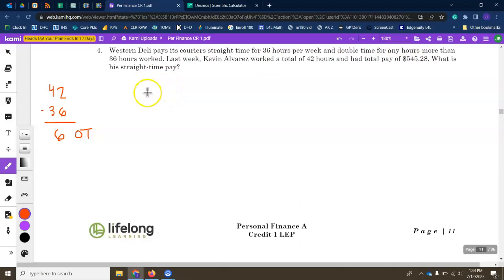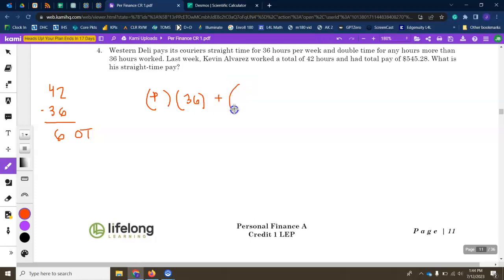So same as before, we're doing his regular pay. They don't tell us, and that's what we're looking for. We'll use P for pay, and multiply that by the 36 hours he got paid at regular pay.